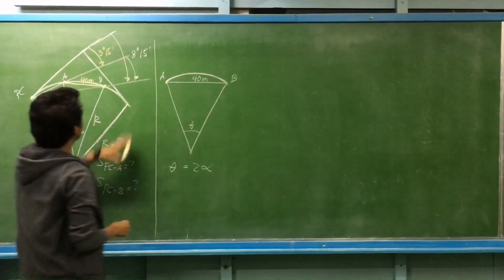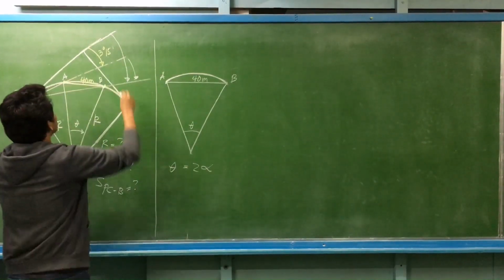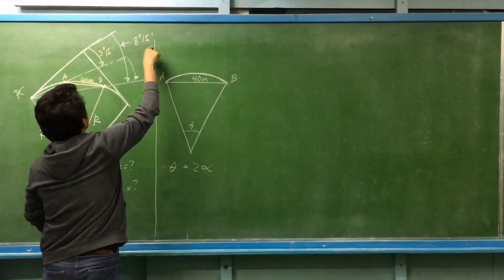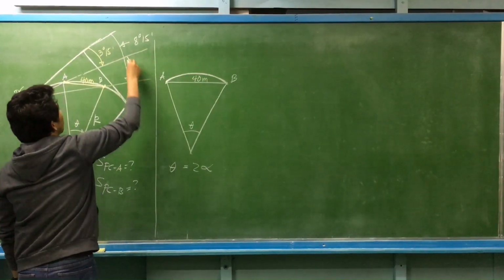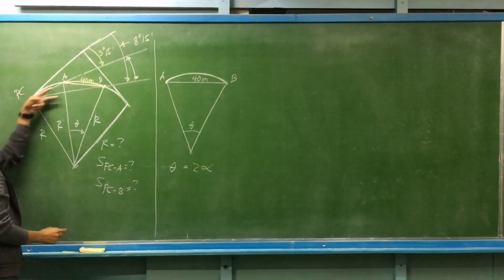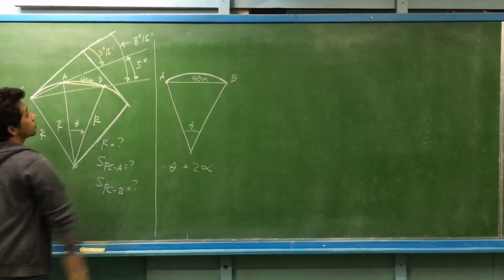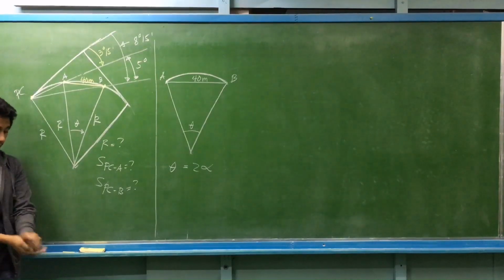Okay, this is 8 degrees, 15 minutes minus 3 degrees, 15 minutes. Obviously, yung deflection angle subtending arc AB is 5 degrees. Okay? Yung difference ng dalawang given na deflection angle.